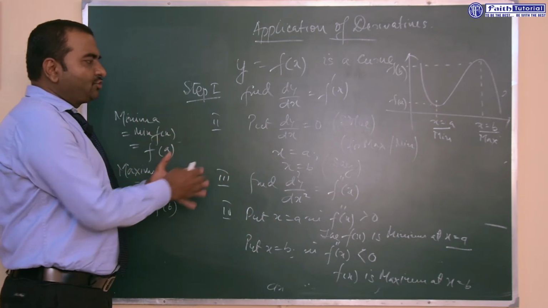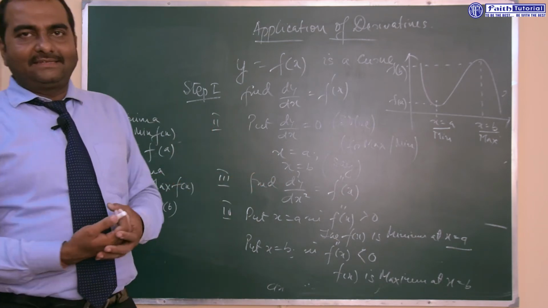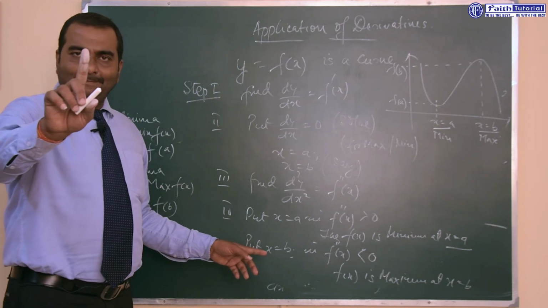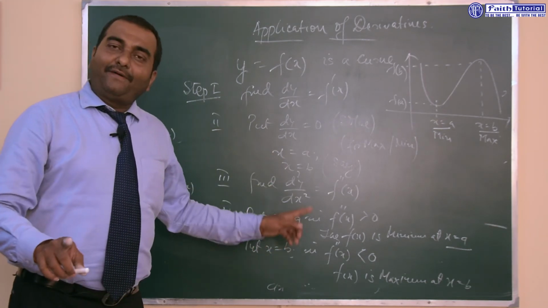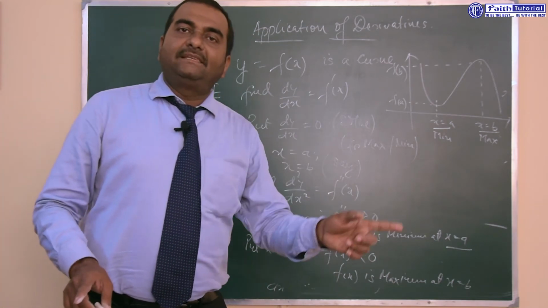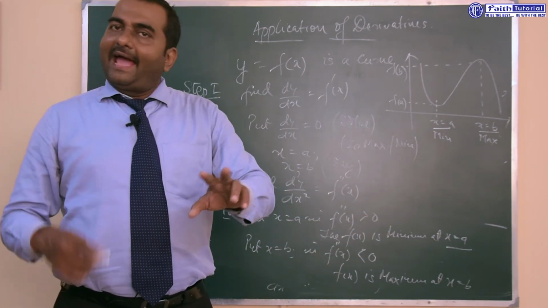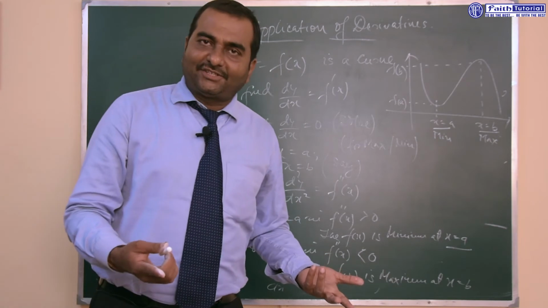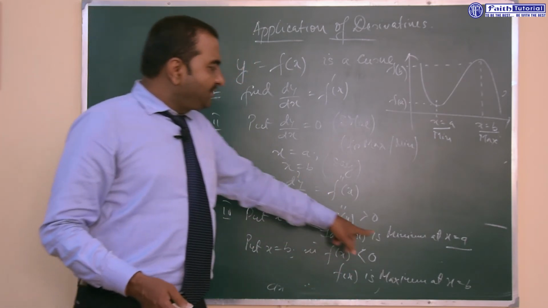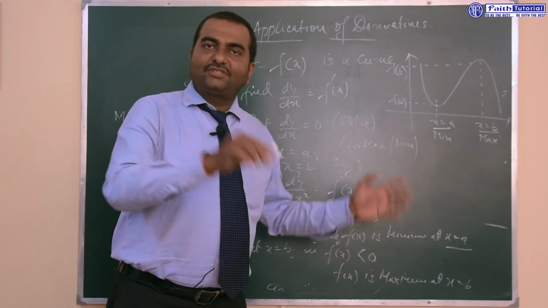Now certain care has to be taken once we are calculating this. For example, if we only get one value of x, still we need to find out the second order derivative to decide whether it is the maximum point or the minimum point, and accordingly the other one does not exist. Say for example, if I only got x equals to a, the function is minimum and the maximum of the curve does not exist.